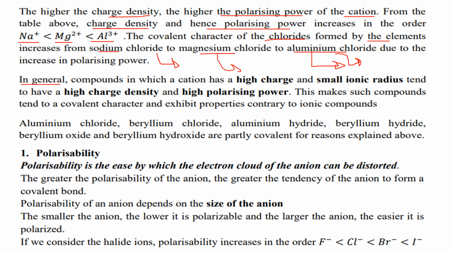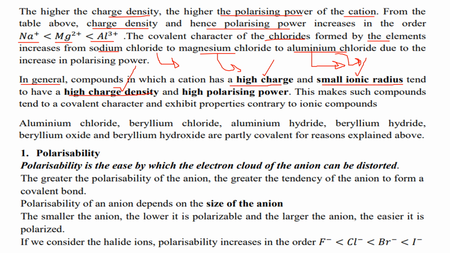So we're going to say that in general, compounds in which the cation has a high charge, we expect it to have a small ionic radius, and therefore it's going to tend to have a high charge density. And once it has all those three factors that we previously explained, we are going to assume that it's going to have a high polarizing power.